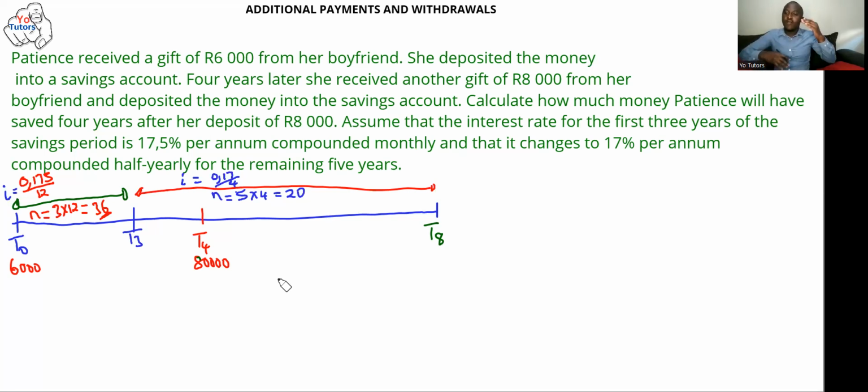Now, what I want you to understand with this kind of investment, where you are depositing differently, is that what guides you is the change in interest rate. So just mark change in interest rate.